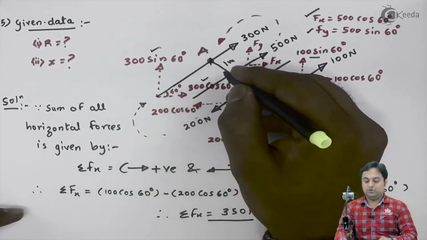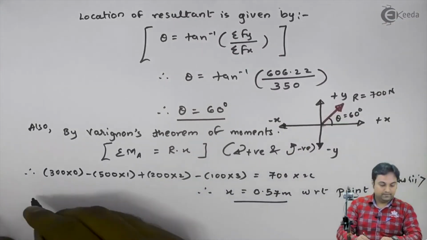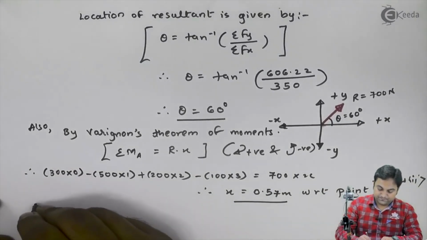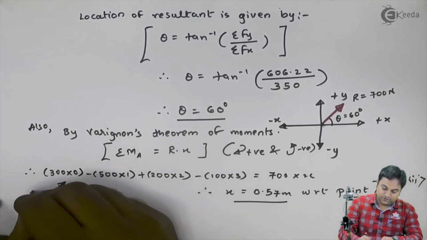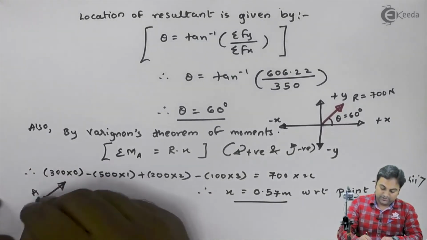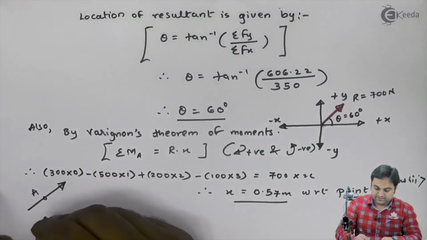So it means if here we have point A, there will be a point called 0.57 meter. I can show it separately here like this. If I have this as point A and here the force is 300 Newton, so with respect to point A there is a resultant.